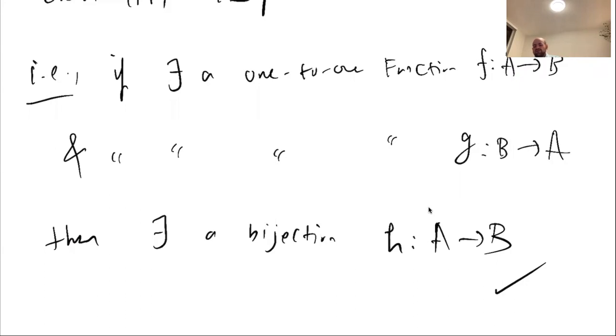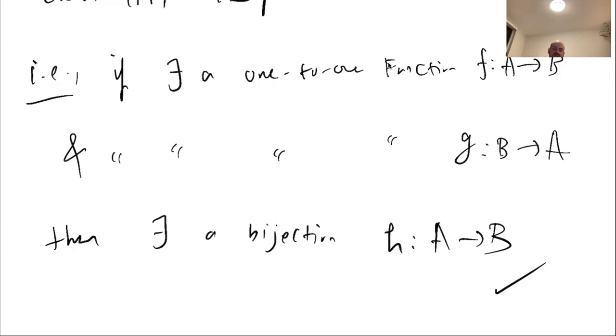So this new function h may or may not be the same as f. Remember, we had a one-to-one function f from A to B, also a one-to-one function g from B to A. Now this function h, which is going to be both one-to-one and onto from A to B, may or may not be the same as the original function f.